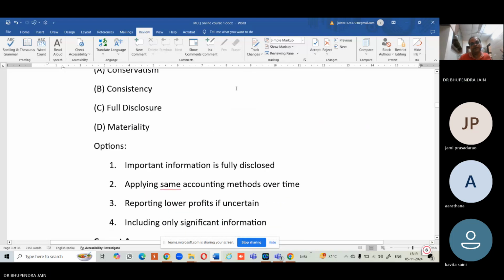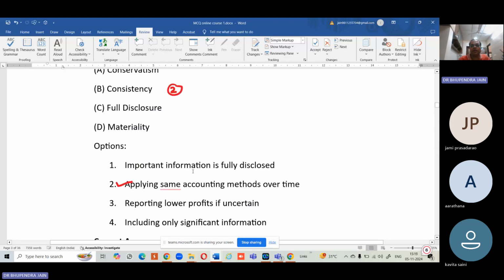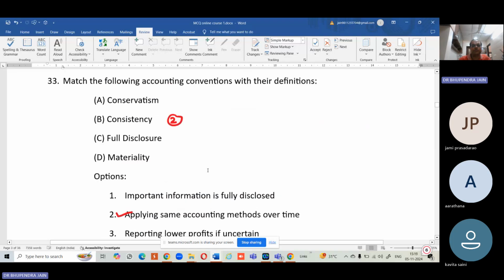ठीक है भाई, चला बेटा कंसिस्टेंसी देख लेते हैं. सेम लिखा है, applying the same accounting method to full disclosure information, important information, full disclose.